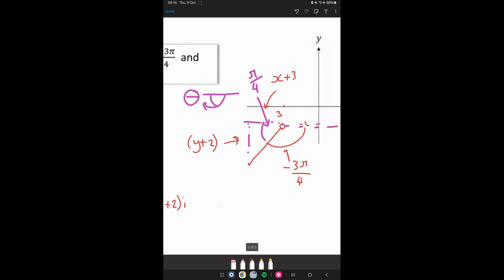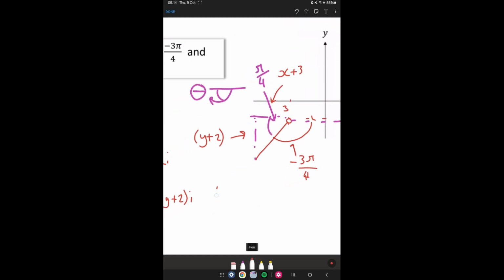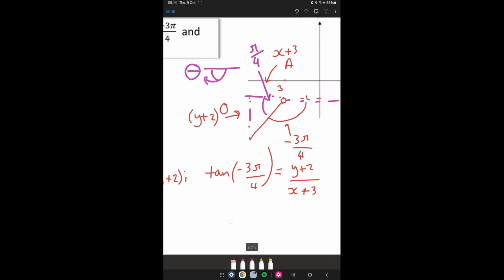Now we can say, like we did before with the triangle, that tan of -3 pi over 4 is equal to the opposite, which is y plus 2, over the adjacent, which is x plus 3. Tan of -3 pi over 4 is the same as tan of pi over 4, which is 1.